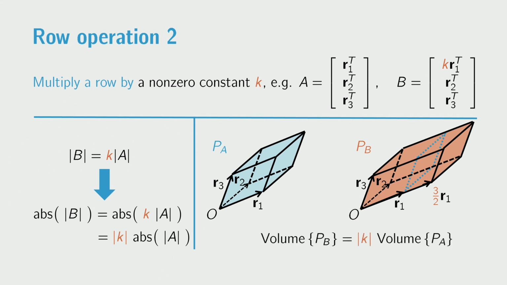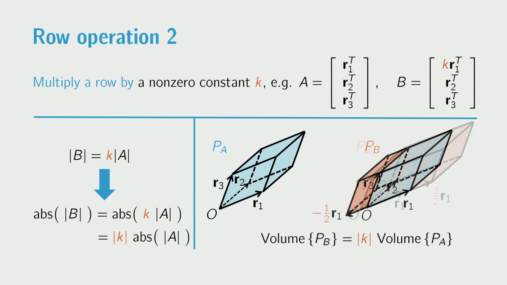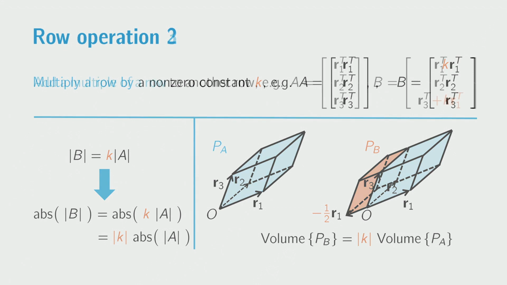The volume of PB is increased by factor 1.5 compared to that of PA. Factor k can be negative, for example -0.5 as in this figure. The volume is multiplied by +0.5, so by the absolute value of k. Also, the second row operation has the same effect on both quantities.